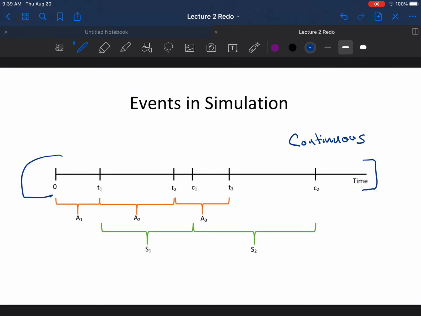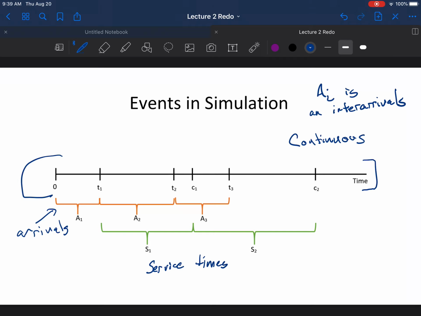You can see here in orange, these are arrivals, and in green are our service times. Note that this orange stuff is all inter-arrival time. So A1 is an inter-arrival time, and in general Ai is an inter-arrival time, which means the time between arrivals. You can get the actual arrival times by adding those together.